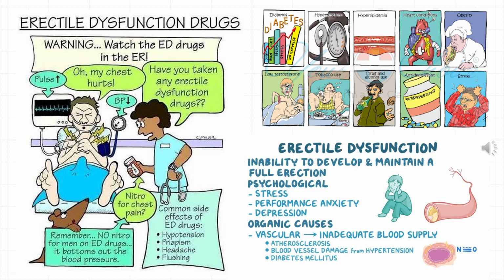For your NCLEX testing, this is usually tested very heavily. We want to make sure that they don't take it with nitrates, medications like nitroglycerin. This is because that can create life-threatening hypotension, since both of them are vasodilators. We want to use caution with any alpha blockers. Take about 30 to 60 minutes before sexual activity.